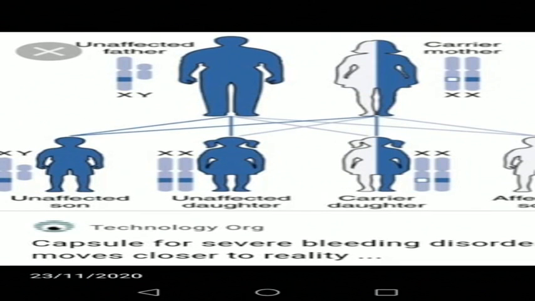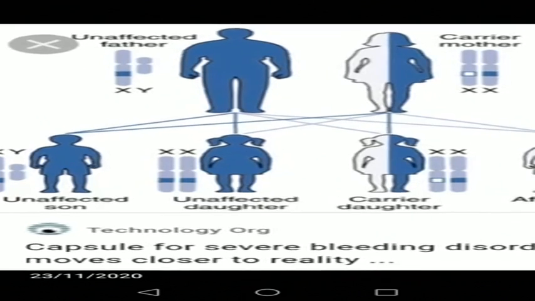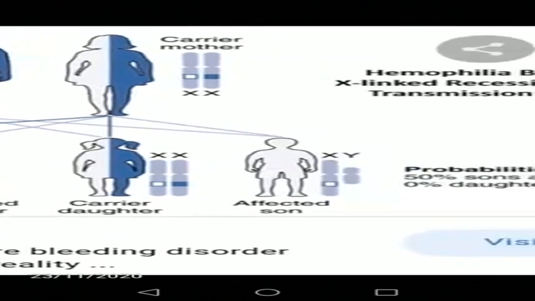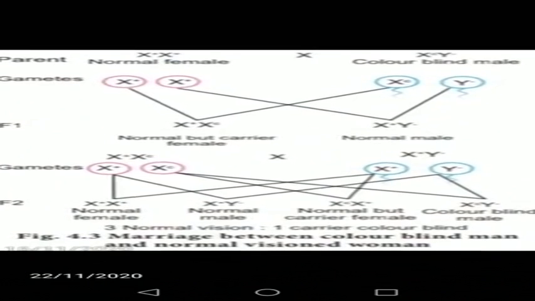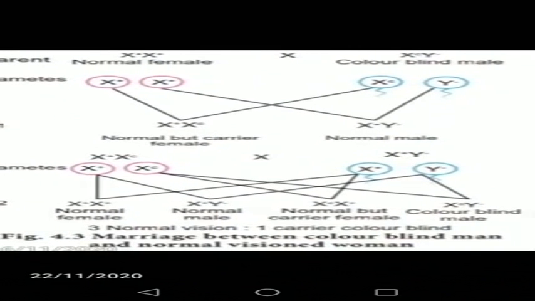The inheritance of color blindness can be studied in the following two types of marriage. One is this, I'll show you. Marriage between a color blind man and a normal visioned woman.